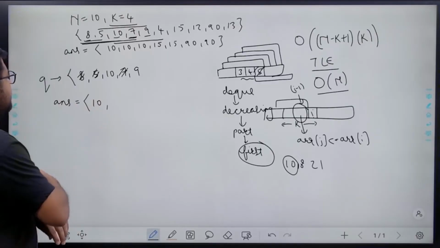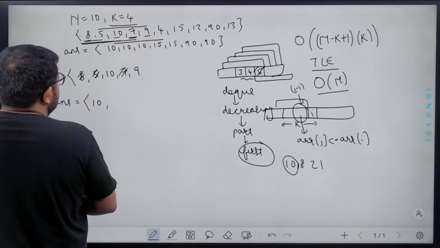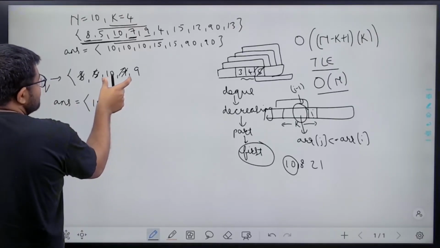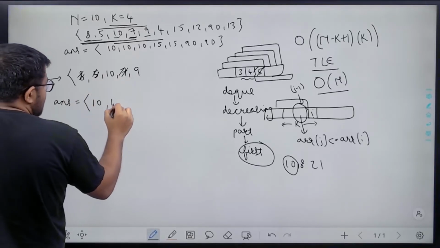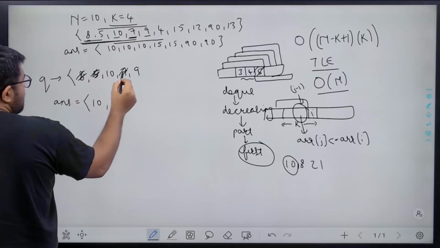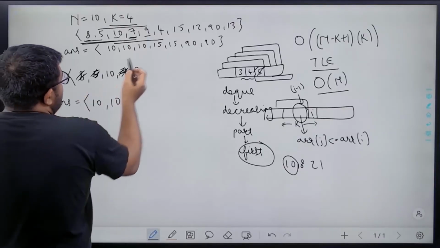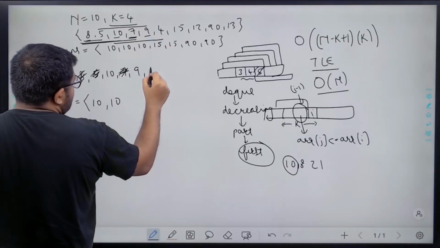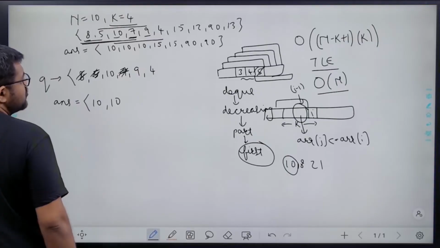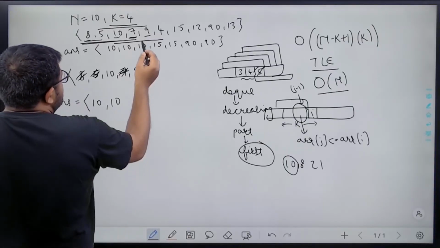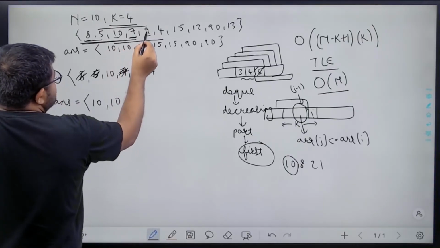You will get it in a while. Now the top maximum element of this deque is 10. These are not a part of the deque, so please be careful. Now 4, I will add as it is. 9 is greater than 4, so I will not remove it. So now I am considering the subarray 10, 7, 9, 4.